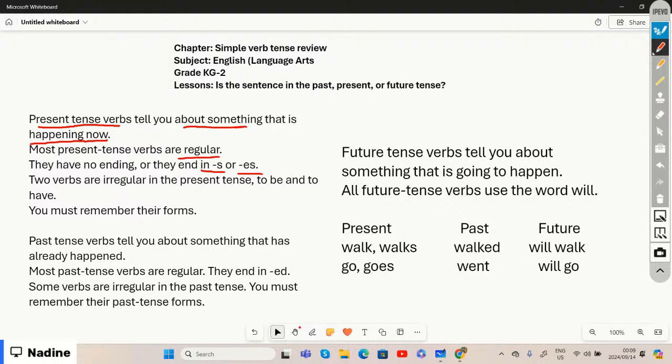So most present tense verbs are regular. So two verbs are irregular in the present tense, which are to be and to have. And you must remember their forms.